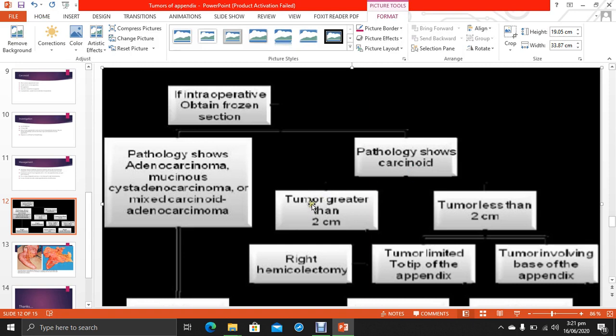If the tumor is greater than 2 centimeters, again right hemicolectomy. If the tumor is less than 2 centimeters, and limited to the tip of the appendix, simple appendectomy. If the tumor involves the base of the appendix, though the size may be small, again right hemicolectomy.